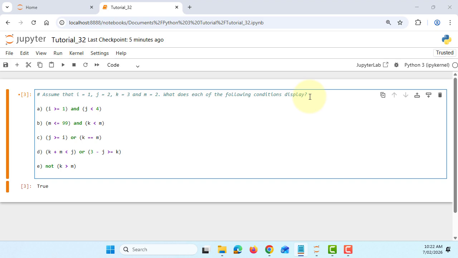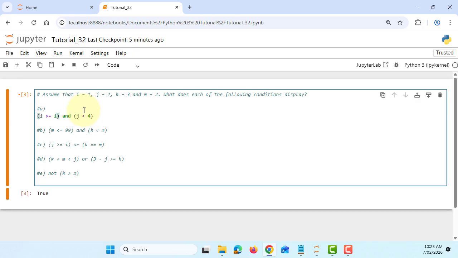So you are looking for true or false as a return value. So let me make comments for B and C, D and E. The question A, okay, make comments.